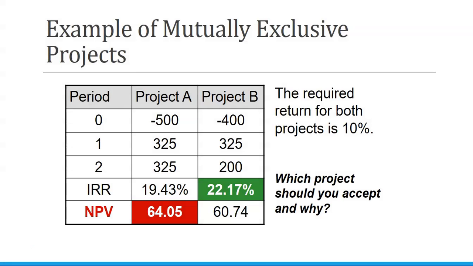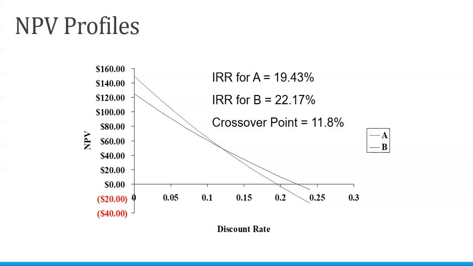So we're going to look at an example of mutually exclusive projects. So we have two projects. The required return for both projects is 10%. Which project should we accept and why? So if we look at the two of them, we can see that the internal rate of return for A is 19.43%.